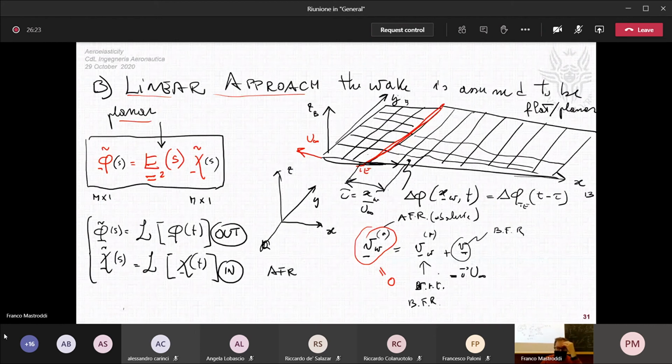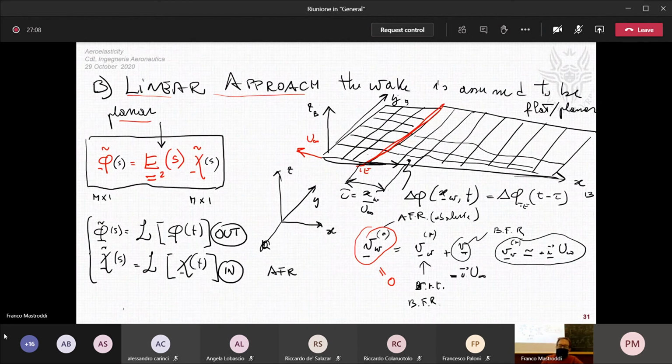And so the wake velocity is equal to plus i u infinity. And this means that if you are an observer fixed with the aircraft, you can see this discontinuity moving in the wake with a velocity equal to u infinity.